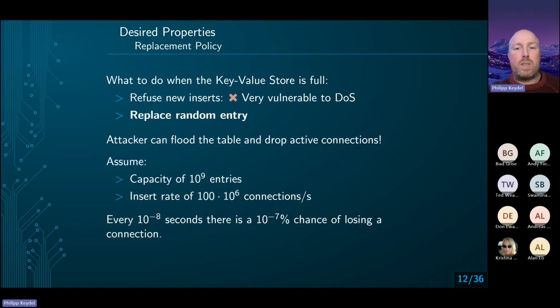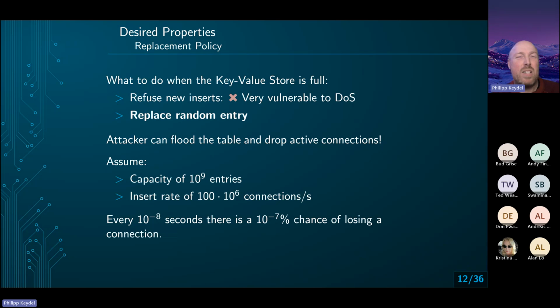If we get flooded with connection requests and have a billion possible entries and create 100 million new entries per second, that gives us a 1 in a billion chance to drop a legitimate connection every 10 to the power of minus 8 seconds.